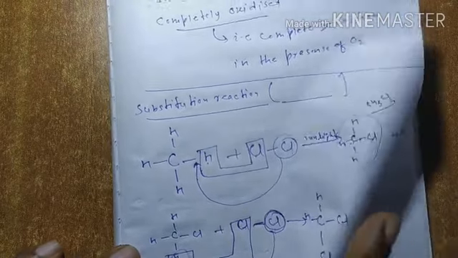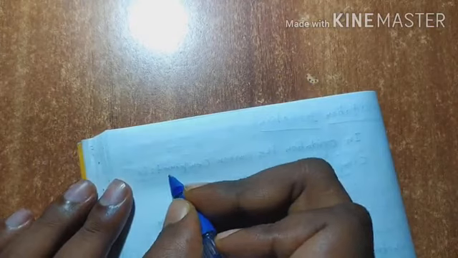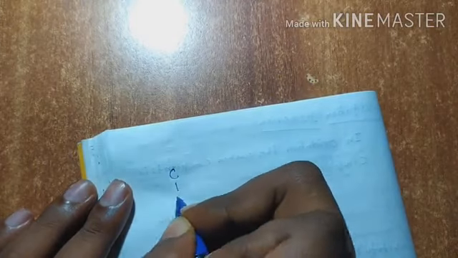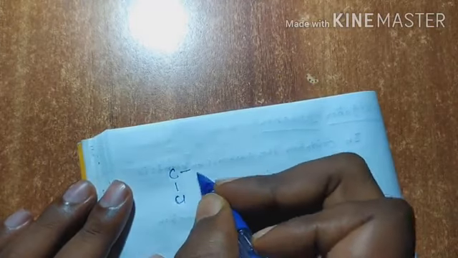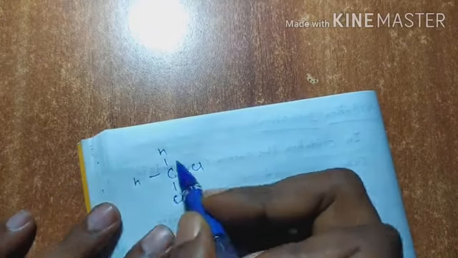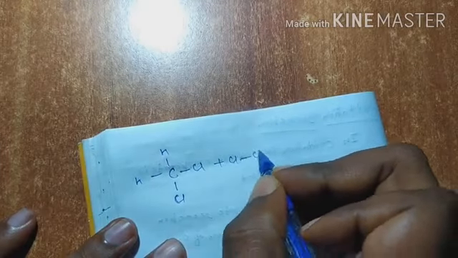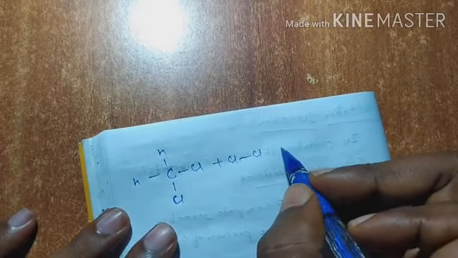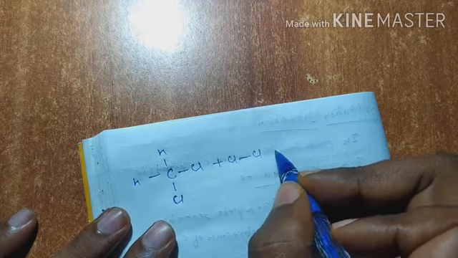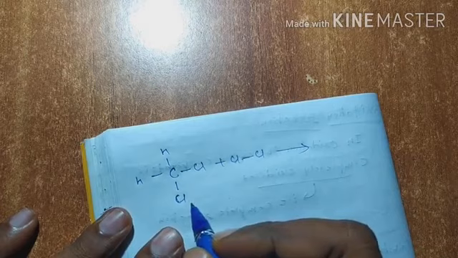In the next step, again, C has Cl, Cl, H, and another Cl attached. All the atoms will be displaced by chlorine atoms. We can say this is a displacement reaction. We can compare substitution reaction to a displacement reaction in the presence of sunlight.